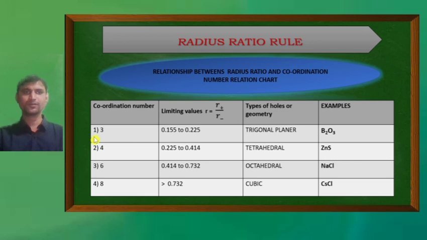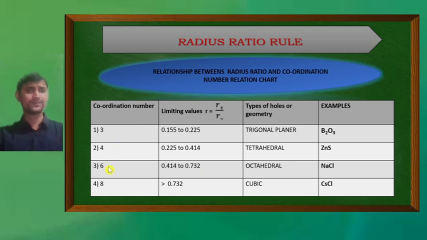First, if the coordination number is 3, then the limiting values are 0.155 to 0.225 and the type of geometry is trigonal planar, and the example is boron oxide. Next, if the coordination number is 4, the limiting values range from 0.225 to 0.414, the geometry is tetrahedral, and the example is zinc sulfide.